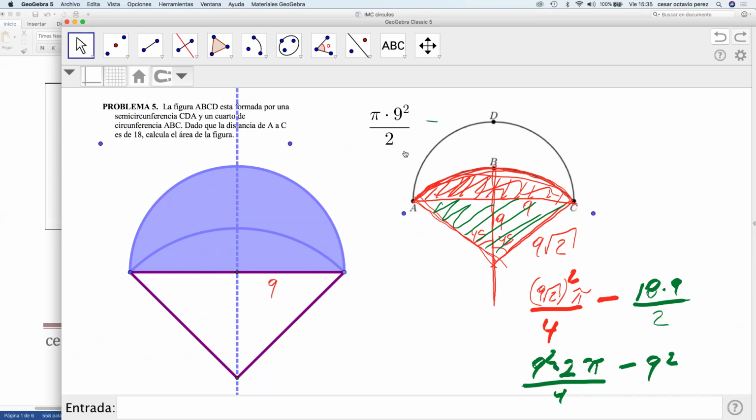Ok, esa parte sí queda clara. Ya nada más hay que hacer la resta. Necesitamos restarle.